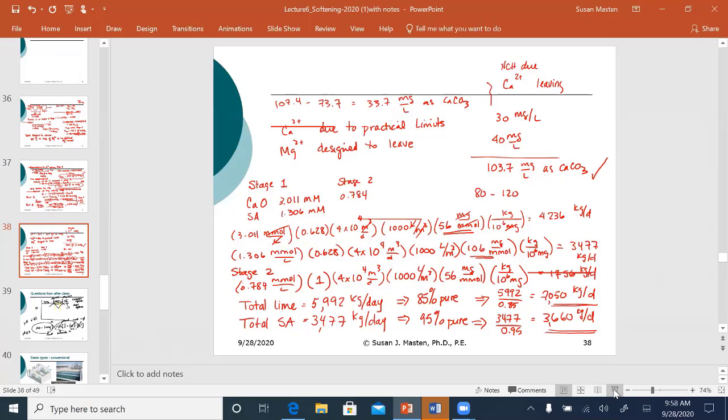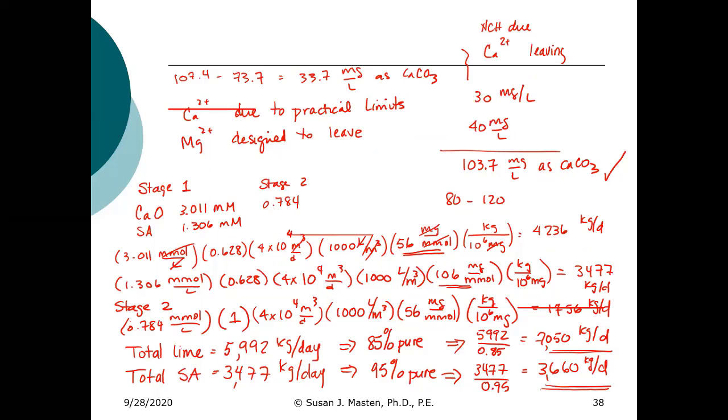So we start with the amount of lime, and let's just look at it first. This is lime. So we calculated the molar amount, or moles per liter. We're multiplying by the fraction that we're treating.